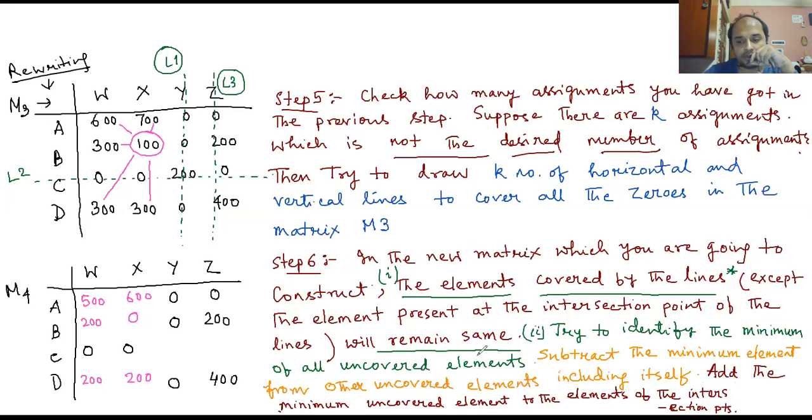So what is my minimum element? My minimum uncovered element is 100. So I am going to add 100 to this, and I am going to add 100 to that.